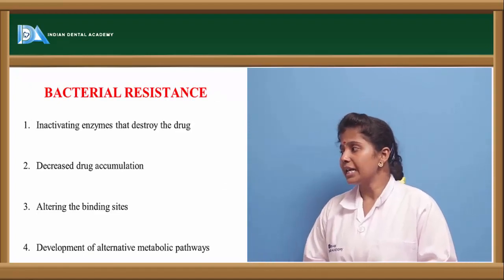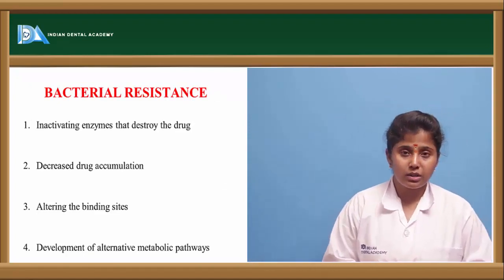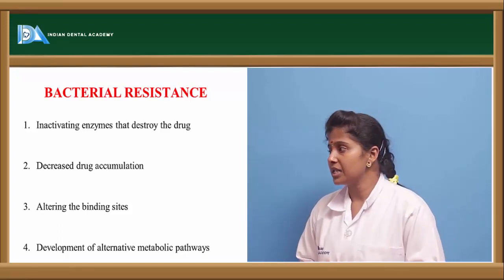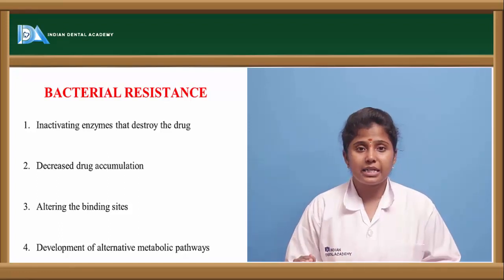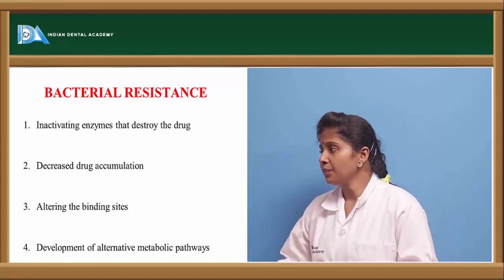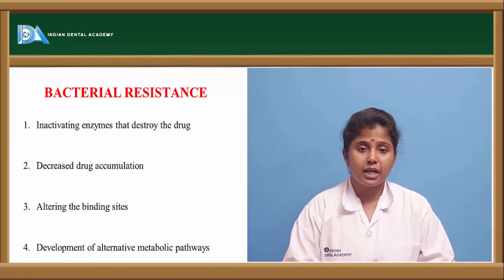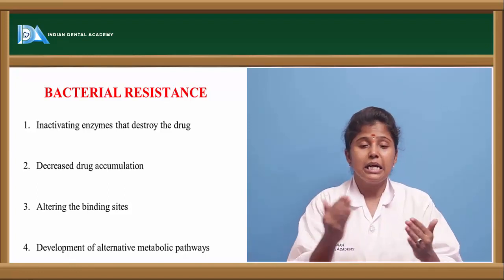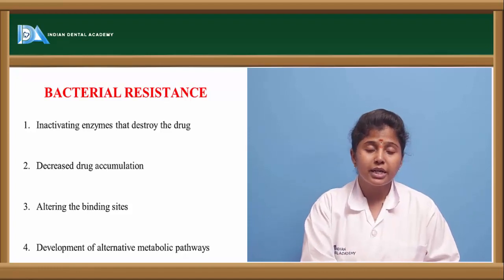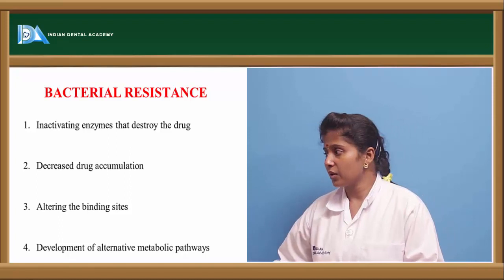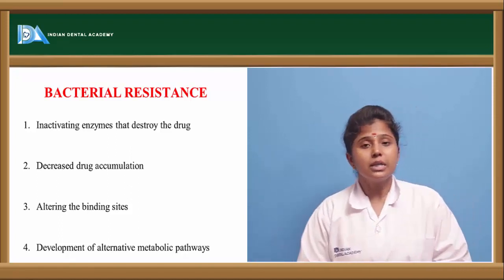Because they inactivate the enzymes that destroy the drug, and they decrease the drug accumulation. Because of this bacterial resistance, the drug which has to be accumulated in the body will be reduced, and thereby the drug will be eliminated out of the body, and it will alter the binding sites.